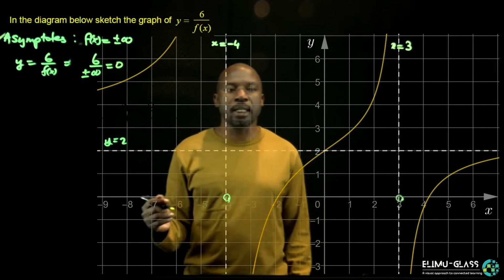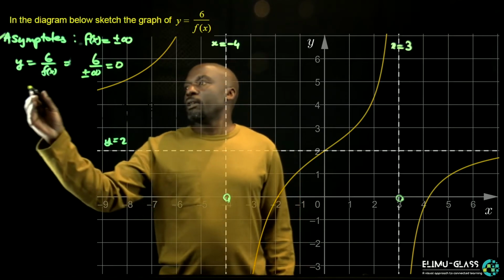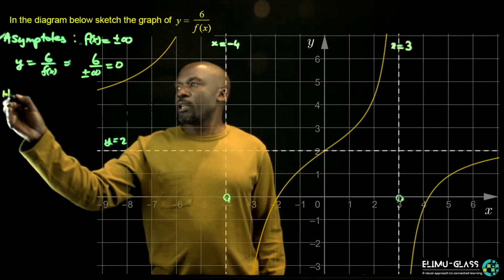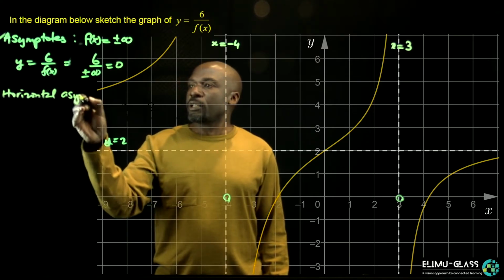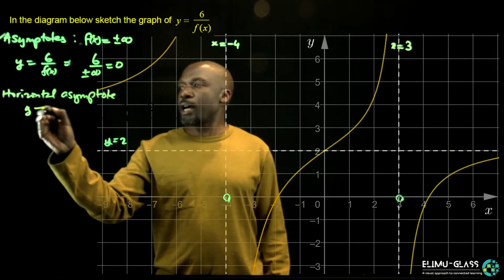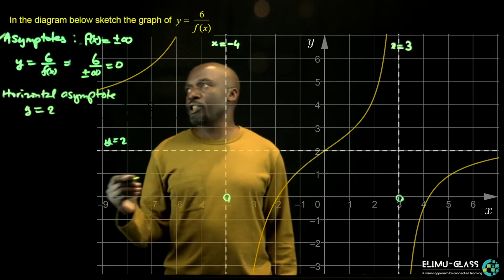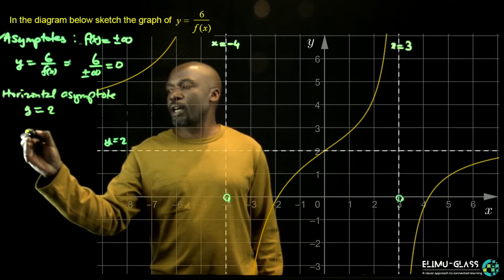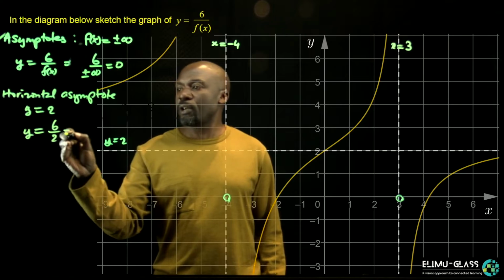The second point that we want to remember is that the horizontal asymptote occurs at y equals 2. And therefore, for the reciprocal function, the asymptote must occur at the line y equals 6 over 2, which is 3.